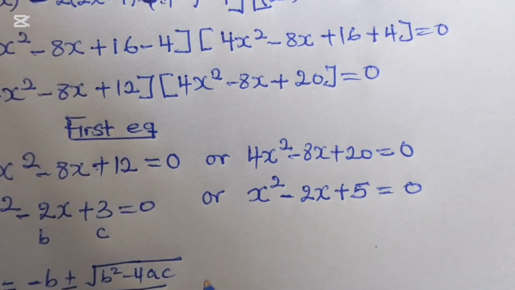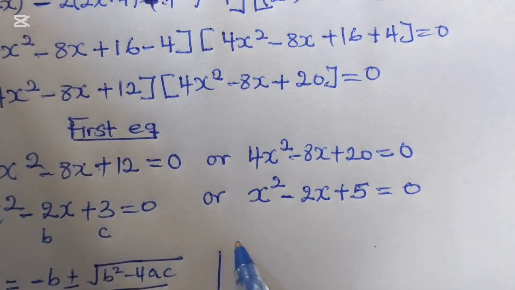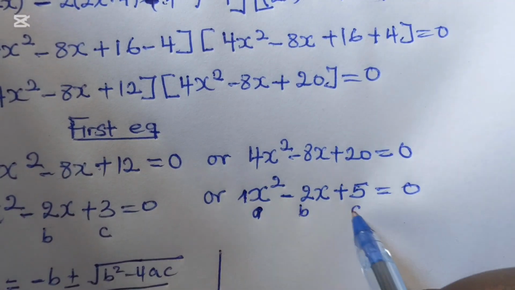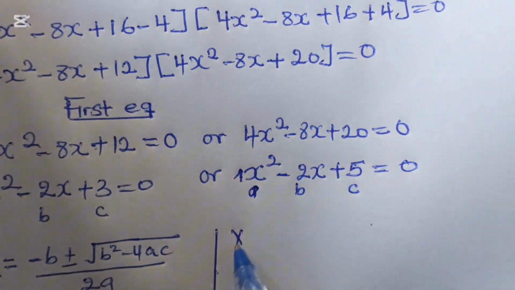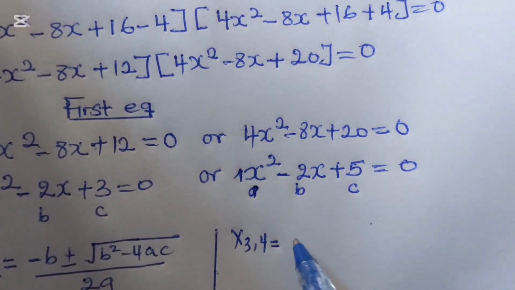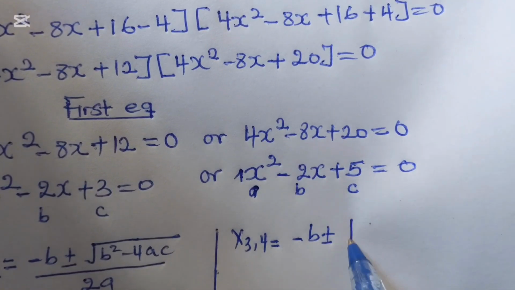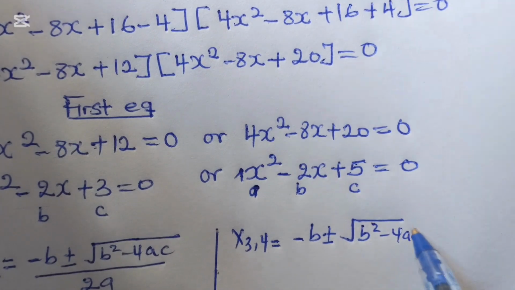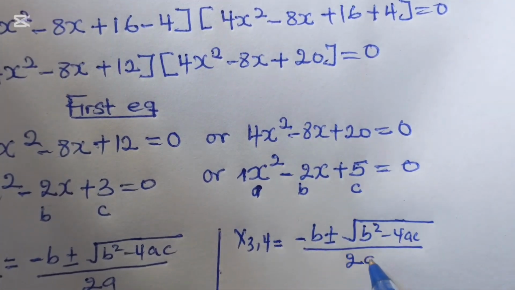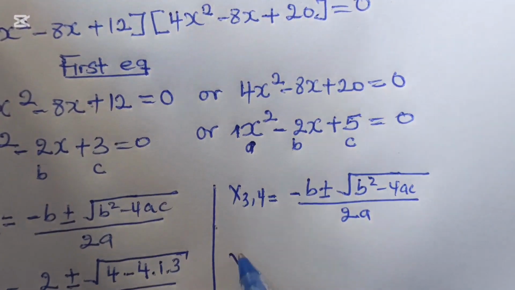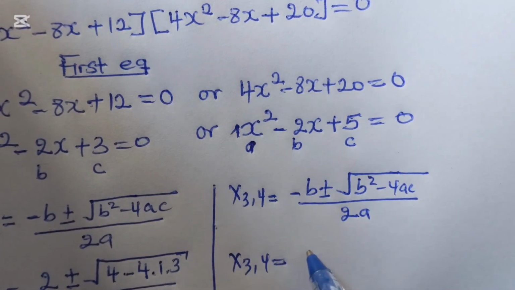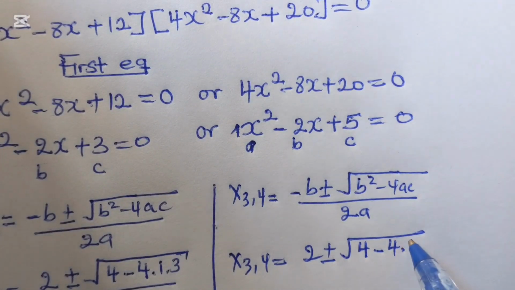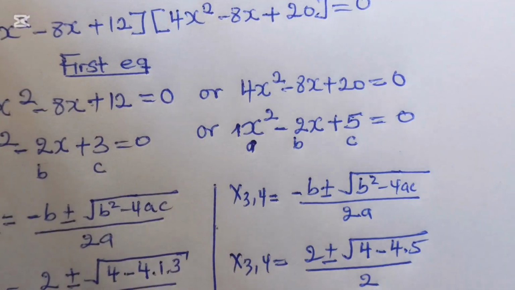Now coming to the second equation, we will have a as 1 here, b as -2 and c as 5. Then x3,4 = (-b ± square root of b^2 - 4ac) over 2a, okay. Then x3,4 would be (2 ± square root of 4 - 4 times 5) over 2.